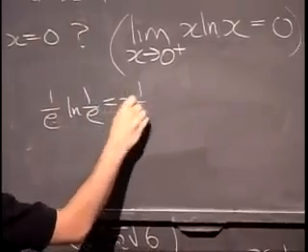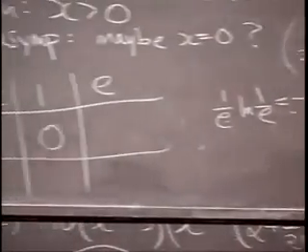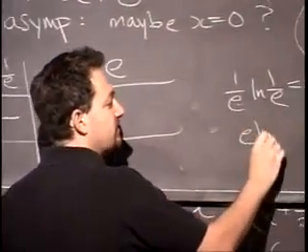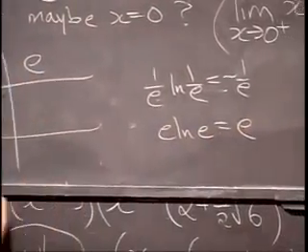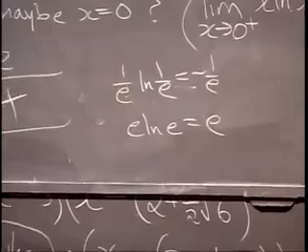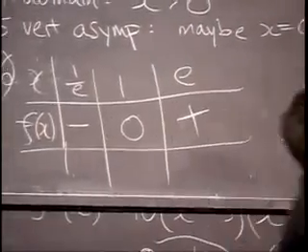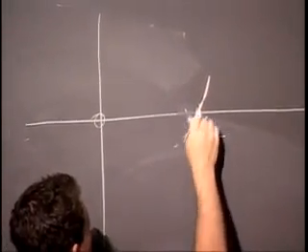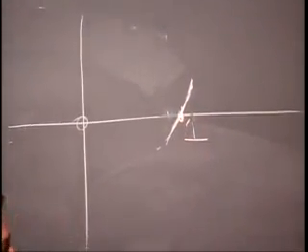It's just minus 1 over e. I can tell it's negative. Whereas at e, I get e log e, which is just e, and so it's positive. So actually, I can depict this on the graph over here by showing that at 1, to the left of 1 it's negative, and to the right of 1 it's positive.